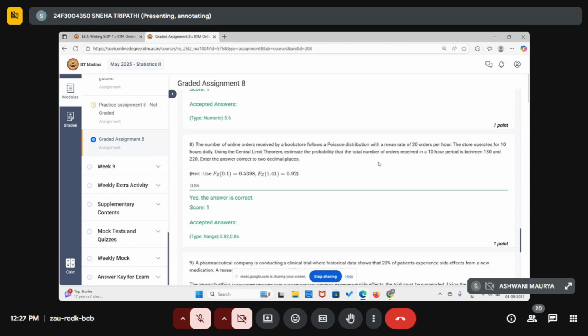This follows a Poisson distribution. What else data do we want? The store operates for this, and the probability that the total number of orders received is between 180 and 220.